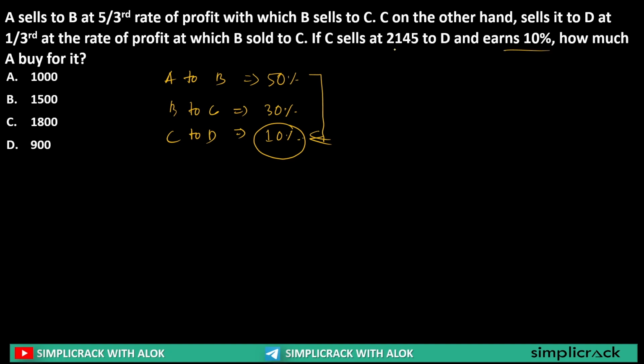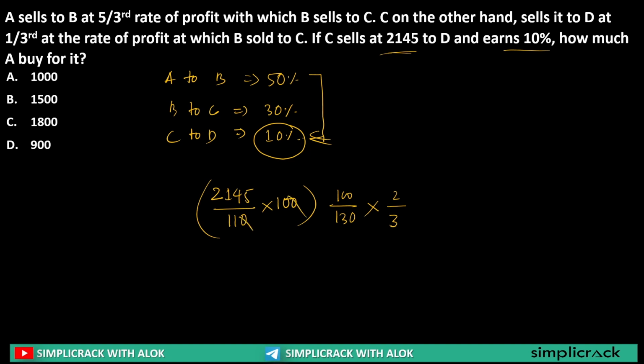Now the selling price is 2145. So 2145 is the selling price of C to D. So the cost price of C is 110 by 100. Now the cost price of B will be 100 by 130. The cost price of A will be 2 by 3, sorry, 3 by 2. Okay, now we need to solve this.